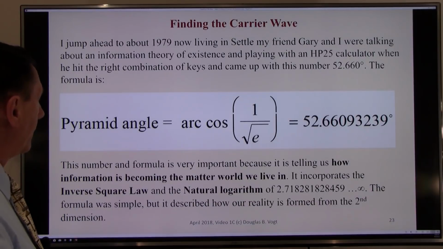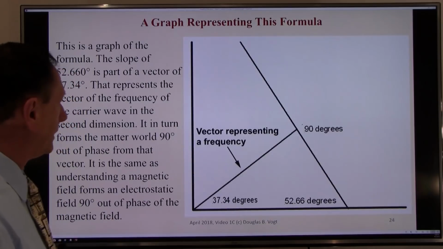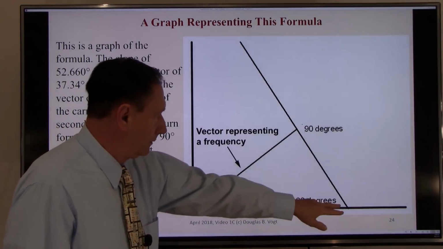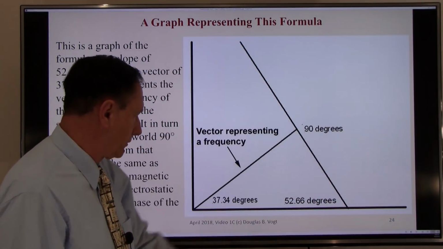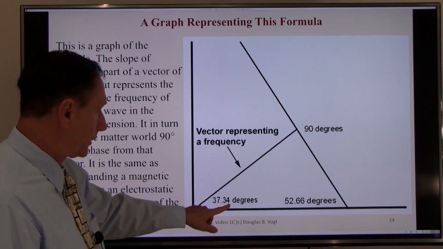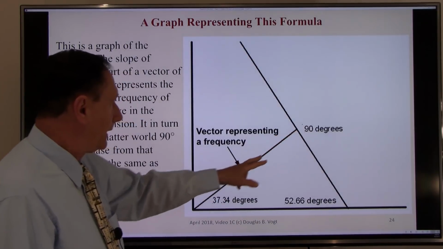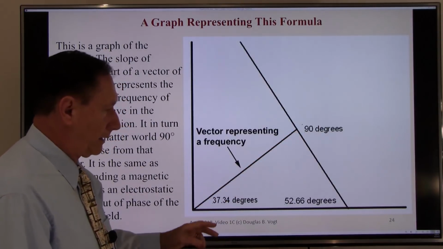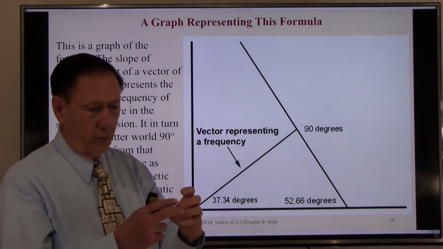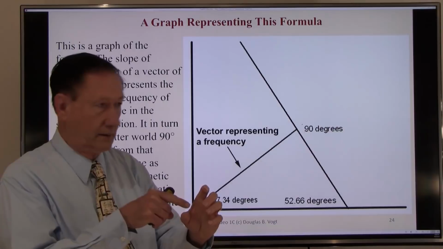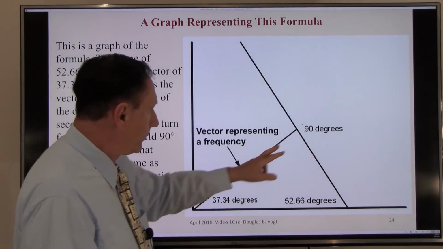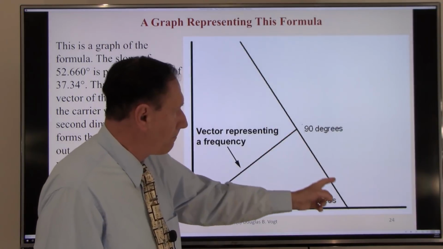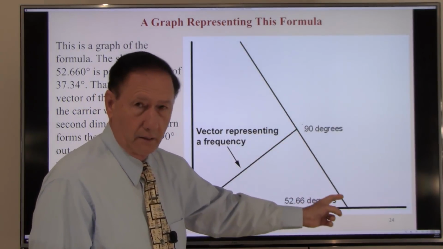Anyway, it's the arccos. This is what the arccos means. Here's the angle, 52.66 degrees. The reciprocal is 37.34 degrees. This is really a vector of the carrier wave looking at the modulation point where the atom is directed. 90 degrees out of phase from this vector is how our matter world is created.